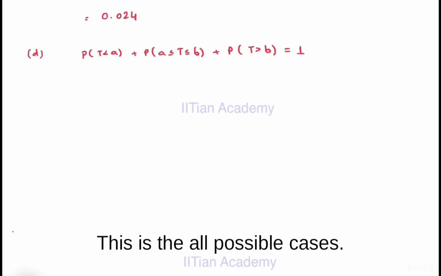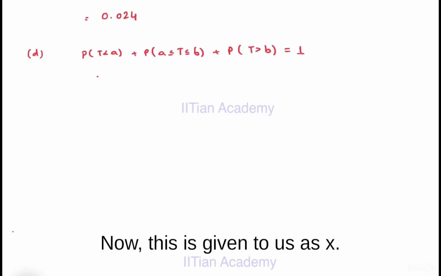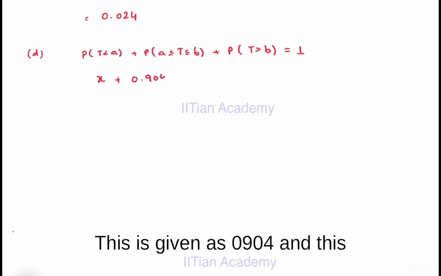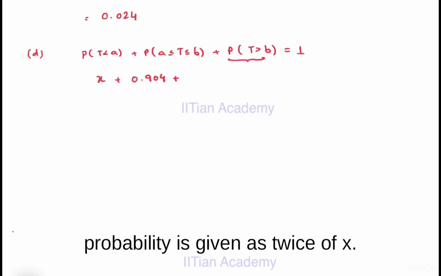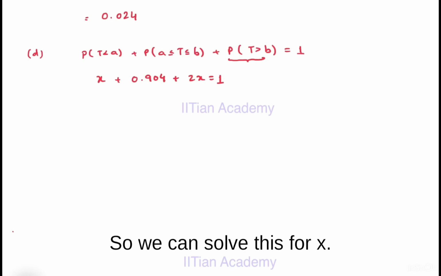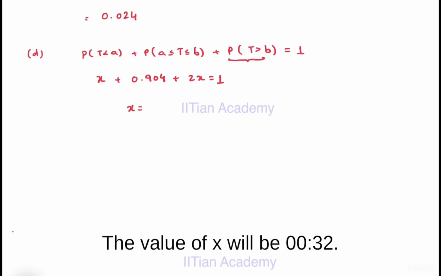These are all the possible cases. Now this is given to us as x. This is given as 0.904, and this probability is given as twice of x. So we can solve this for x. The value of x will be 0.032.